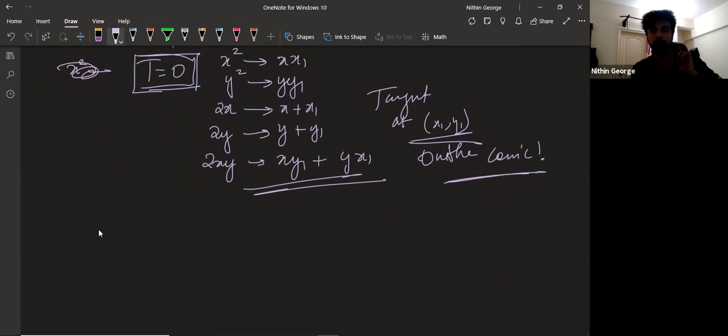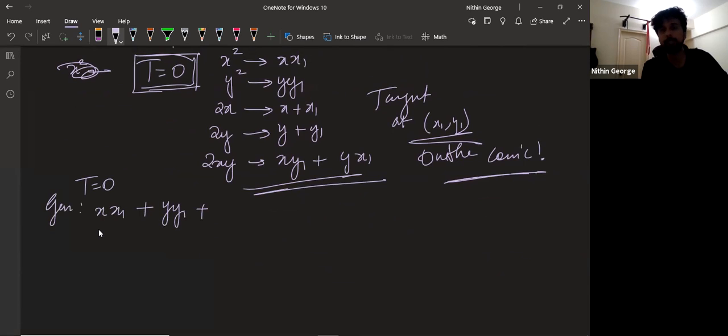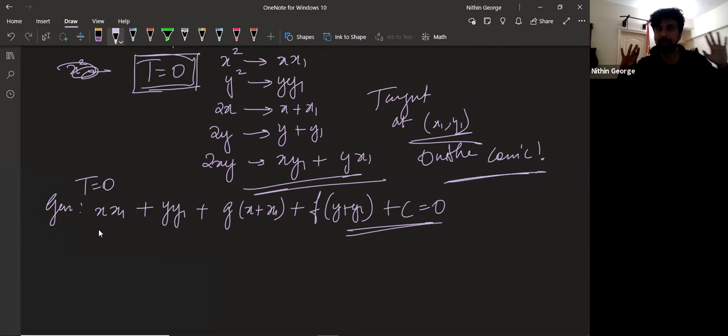So the point form for the circle, the general form, will be what? For here, T equal to 0: x square plus y square will become xx1 plus yy1, plus 2gx will become g into (x plus x1), plus 2fy will become f into (y plus y1), plus c. c will remain as it is. This is the tangent. As simple as that.